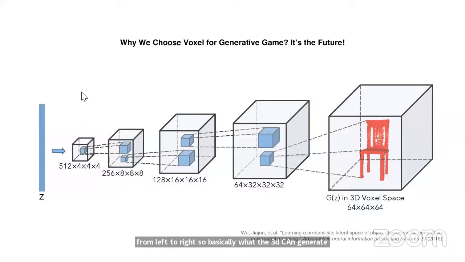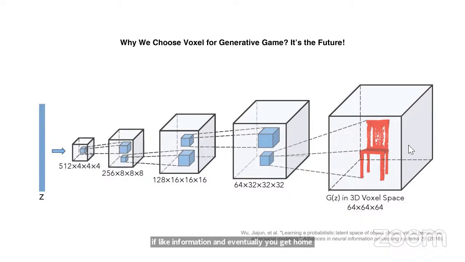So it's turning a randomized vector, maybe 1 by 200 if I remember correctly, so that's just 200 random values, and you upsample it, deconvolving the vector into 3D information, and eventually you get a chair.